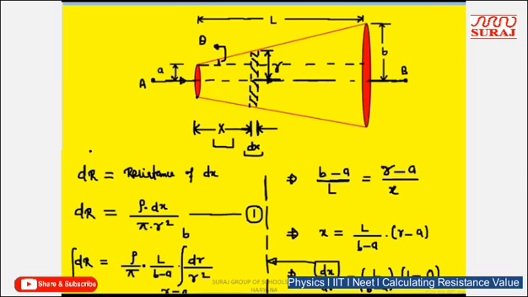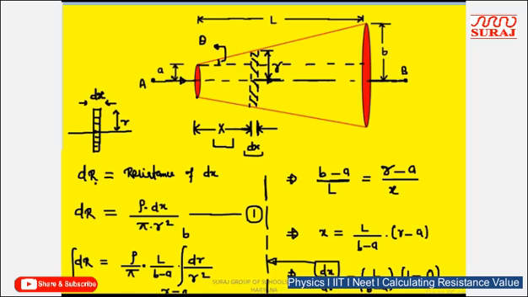So for this section, a disk of thickness dx and radius r, what should be the equivalent resistance of this section?